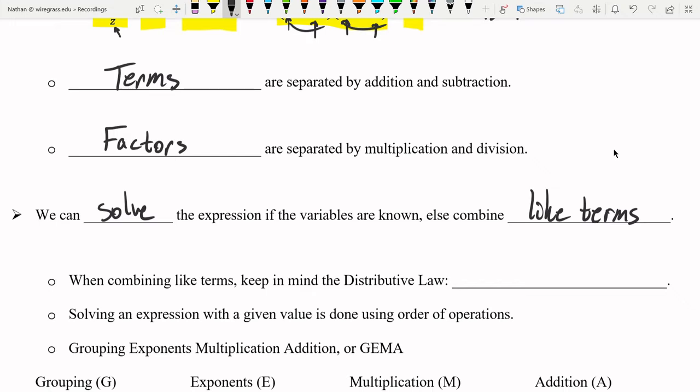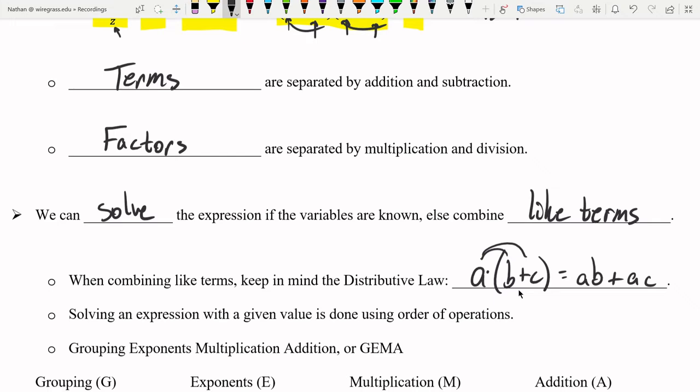when combining like terms, we need to keep in mind the distributive law. This is just where you have some number multiplying a quantity. That means that you can distribute this number over that quantity. And it's important to note that the distributive law only applies for multiplication over addition.